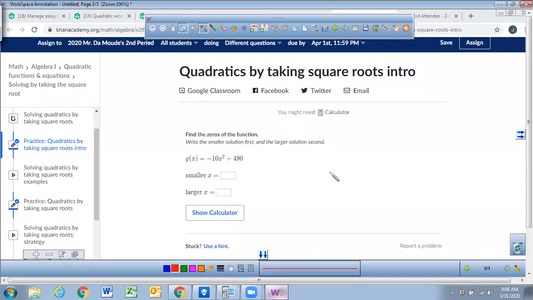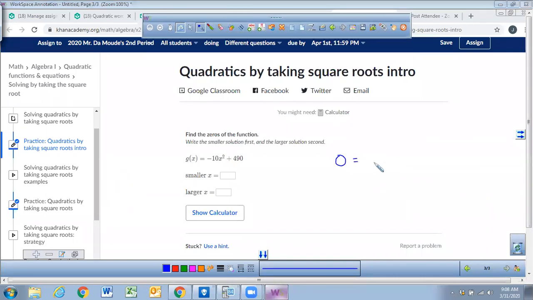All right, let's do one more since AJ just joined us, okay? What am I going to set x equal to, everybody? What do you say? 0. Negative 10x squared plus 490. Now, why?